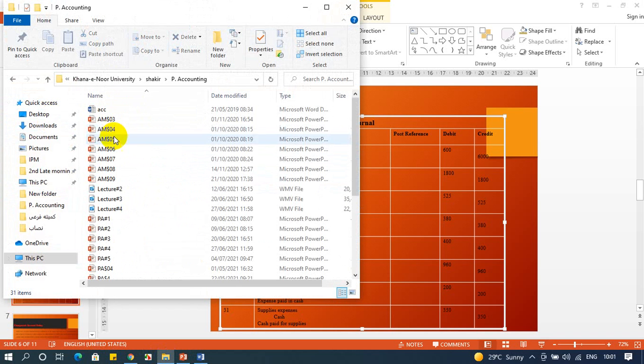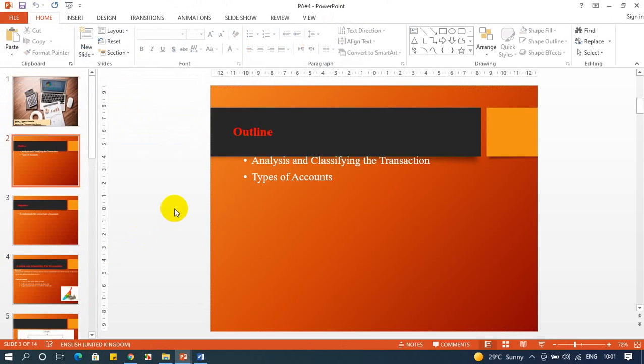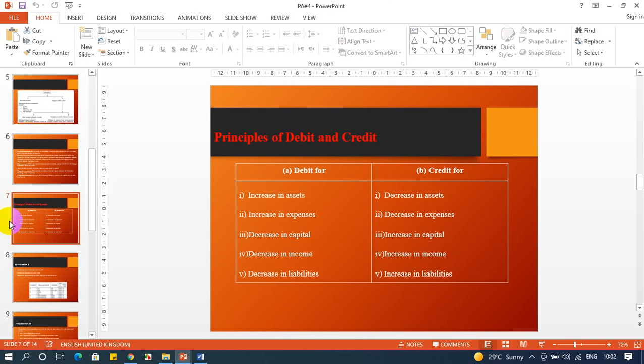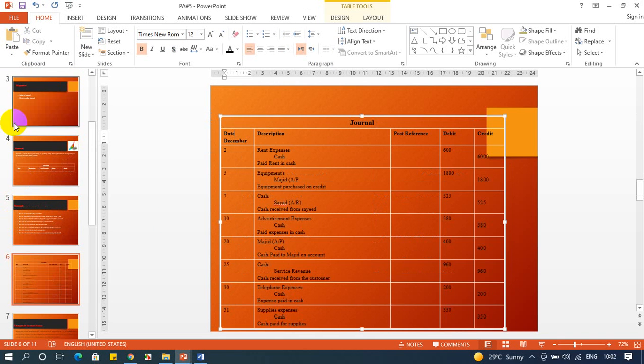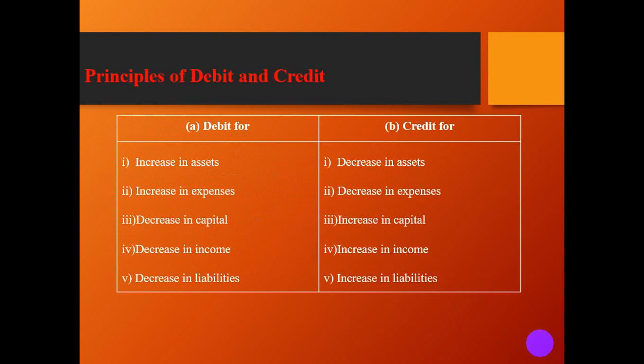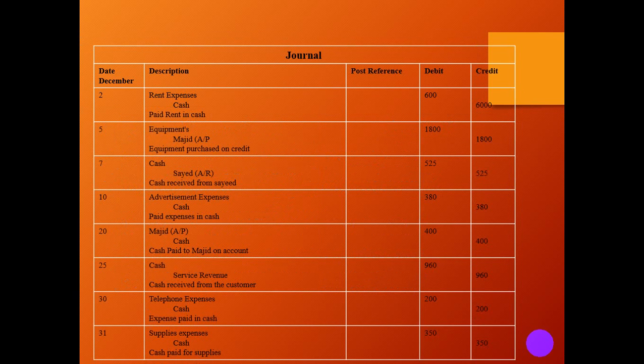Here in slide number 4 we discussed the principles. I am copying it to this slide so we can apply it. Increase in expenses has a debit balance, so we write it in the debit column.